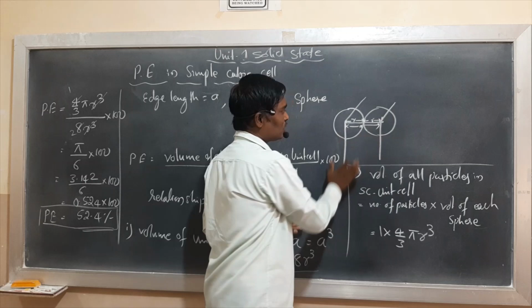Before that, we consider the edge length as A and the radius of each atom, which is considered as a sphere, is equal to R.